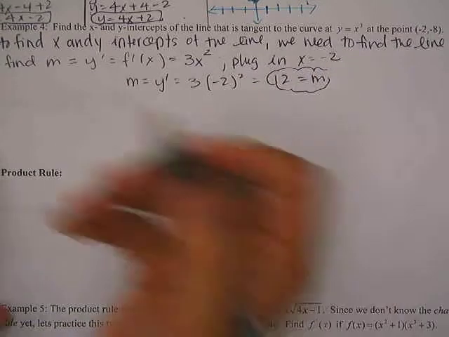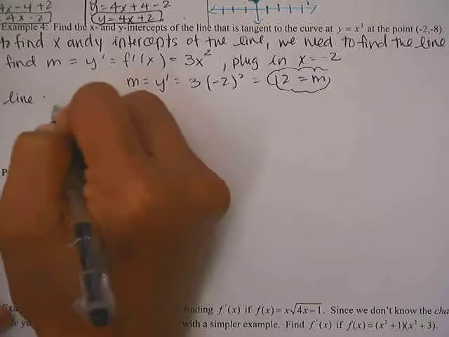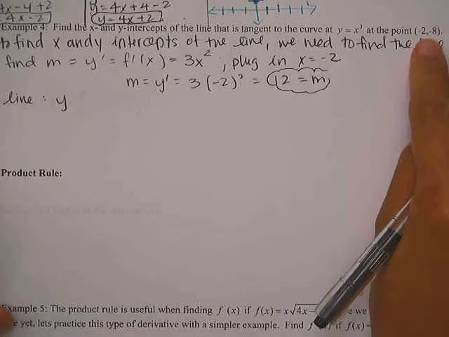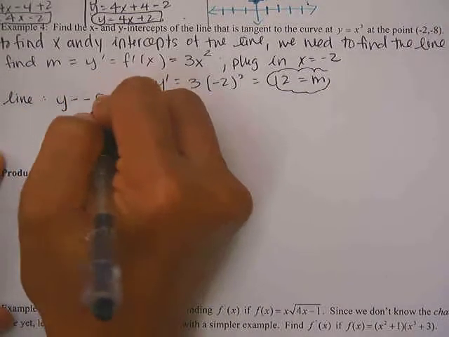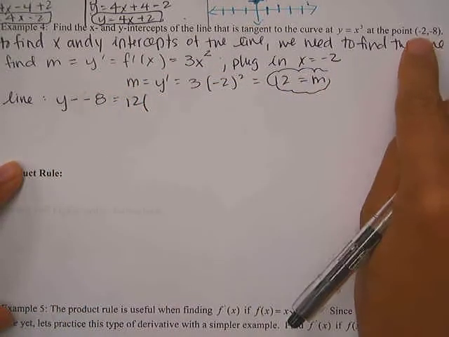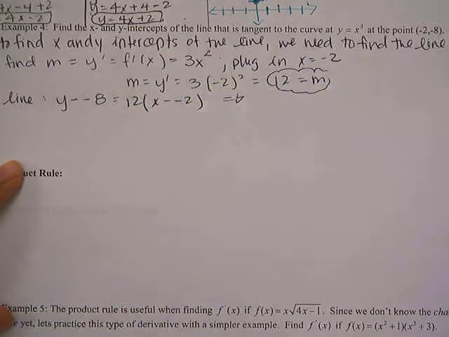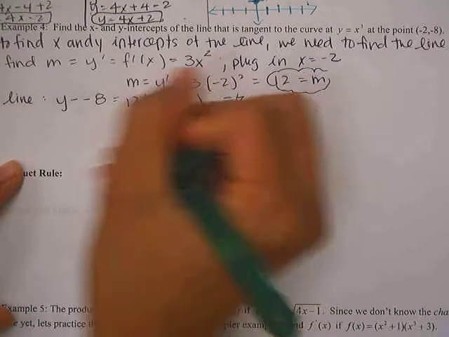So third step, line. y take away y sub 1, which is a negative of -8, equals the slope, 12, times x take away x sub 1, so x take away -2. These two will become positive.